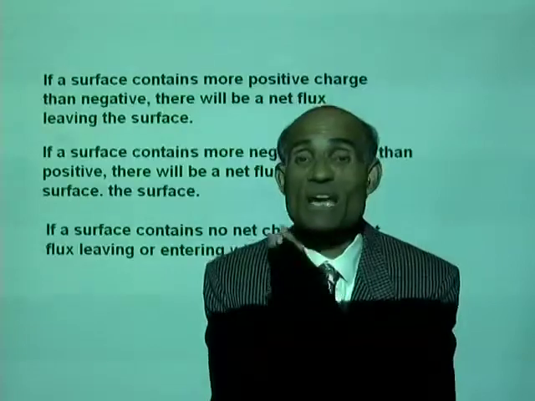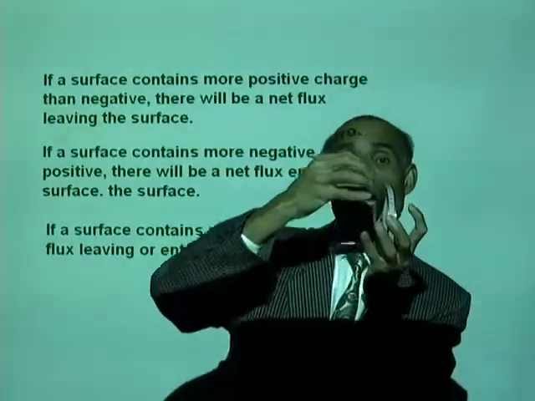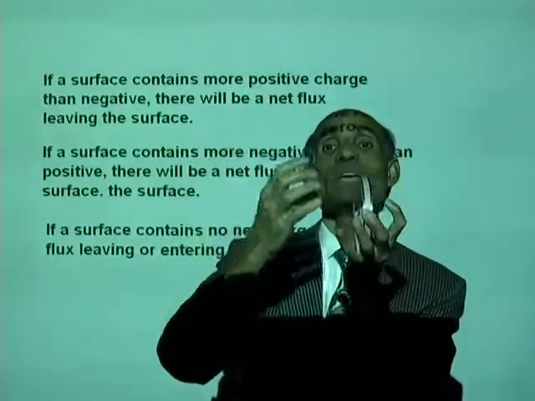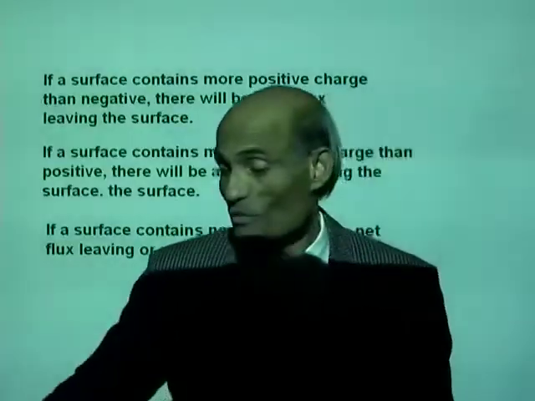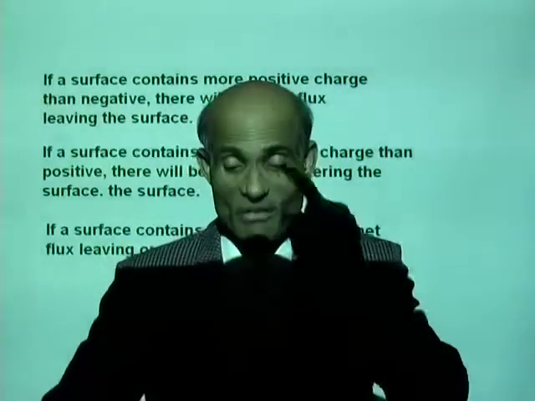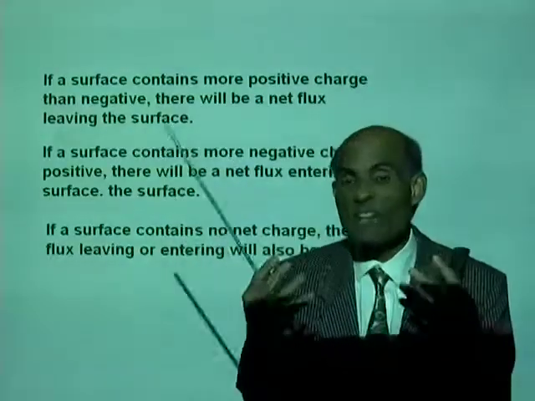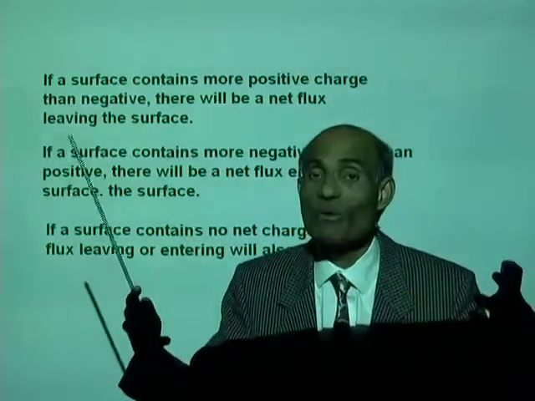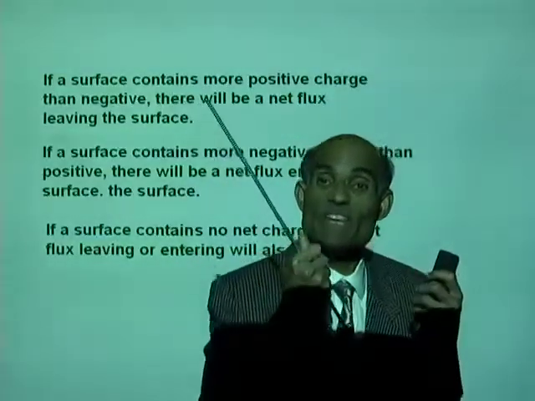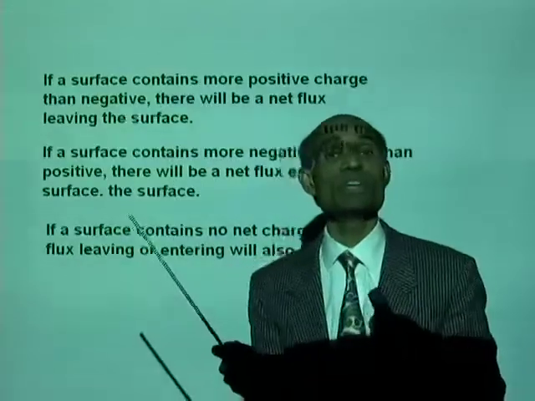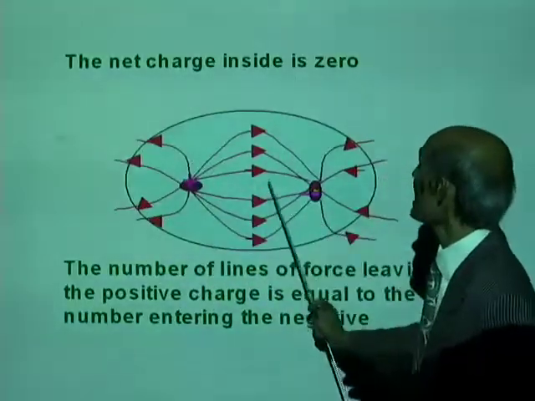If a surface contains no net charge, then the number of field lines leaving will be equal to the number of field lines entering. In other words, there will be no net flux. Or you can say the net flux leaving or entering a surface is a measure of the net charge contained in that surface. In other words, the net charge inside is 0.